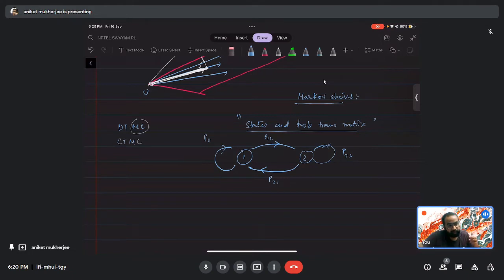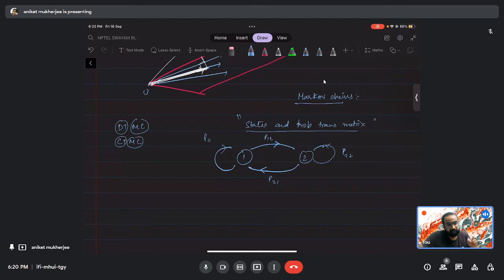When I say Markov chain, it means that the state space is discrete. When I mean discrete time, at each discrete event of time, a transition from one state to another takes place automatically, without you giving any action.